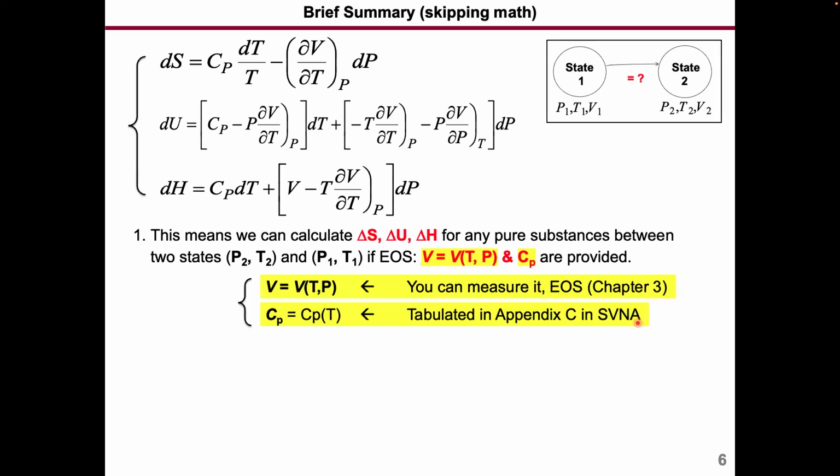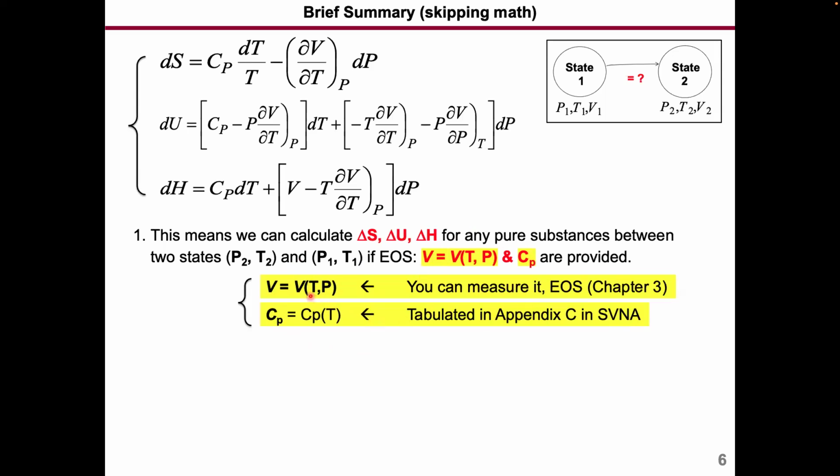So basically what I'm trying to say is that the PVT relationship is usually given if you specify a substance. If you specify it's a gas or liquid, usually you will have a specific PVT relationship. And Cp, for a lot of substances, is also given.